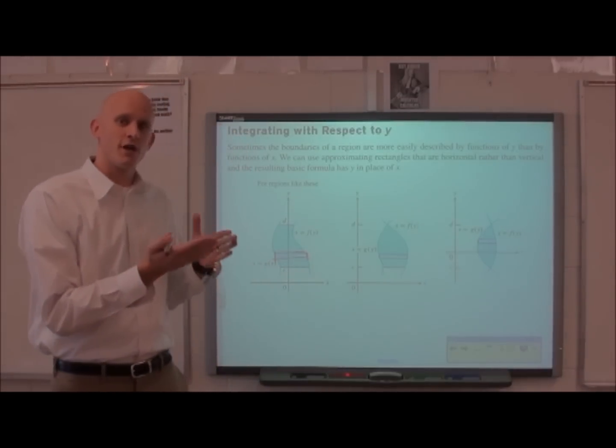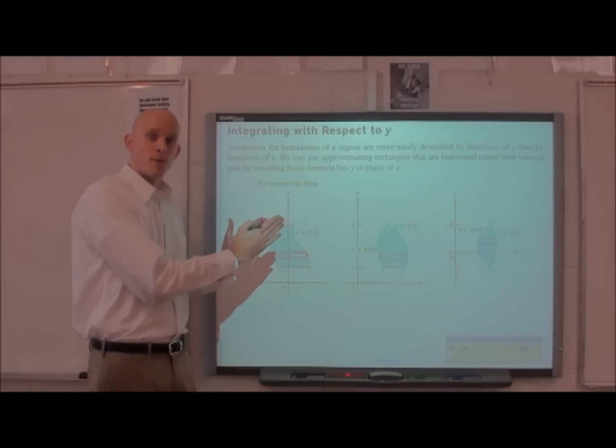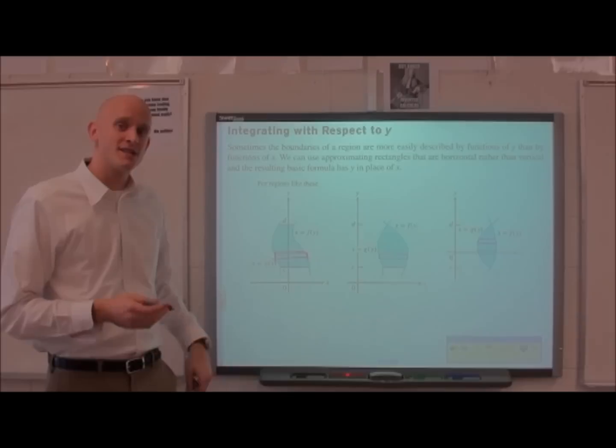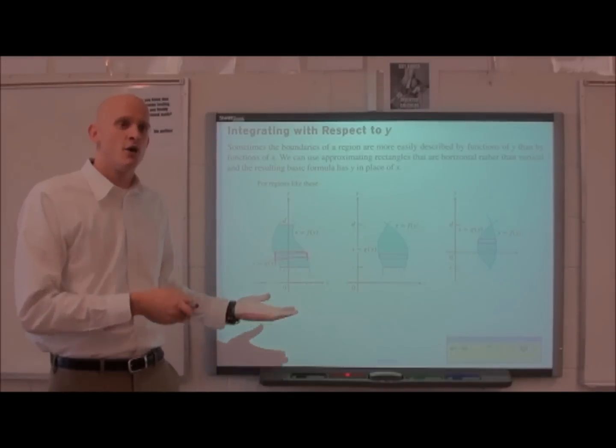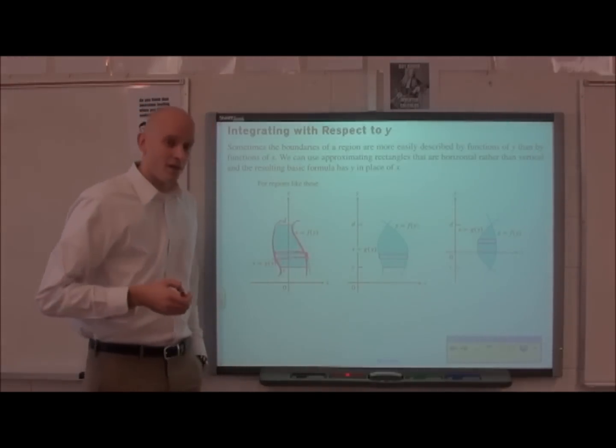So we're integrating horizontally rather than vertically. So we will integrate with respect to the y-axis, and you can see that we'll want to do this whenever you have a curve that is defined on the right and the left.